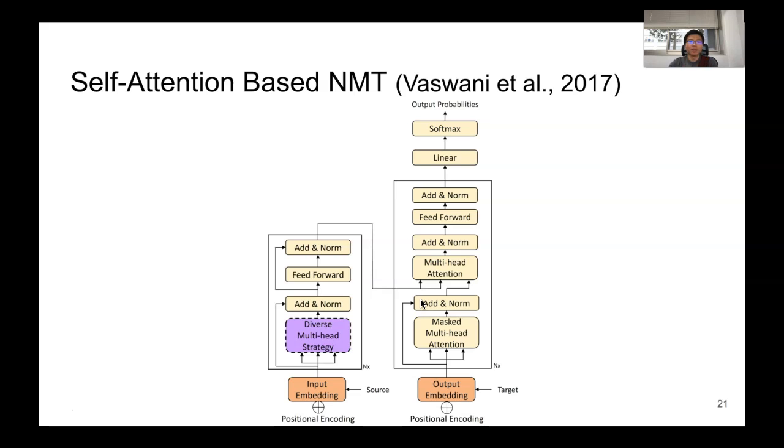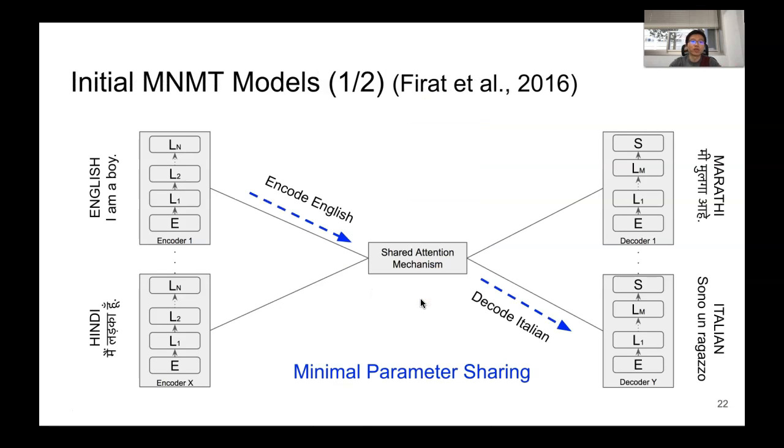And moving from MLMT to MLMT, I'm going to talk about two initial MLMT ideas. The first one is from Firat, 2016. This model is the first MLMT model, which is based on, of course, the encoder, decoder, and attention MLMT architecture.